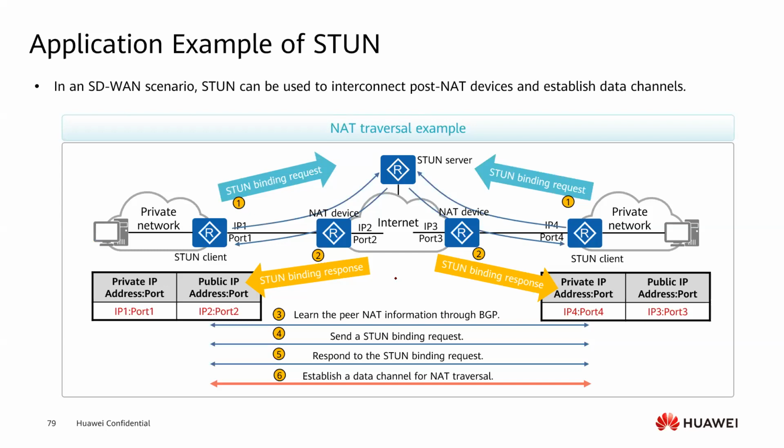So here's an application example for STUN. For example, if two STUN clients want to communicate with each other, they send a STUN request to the STUN server and ask it to tell the STUN client whether you are behind the NAT devices or not, and what IP and port the packet you sent out was switched to.